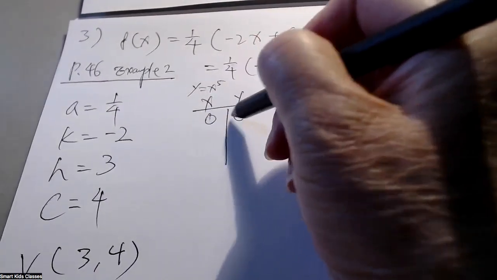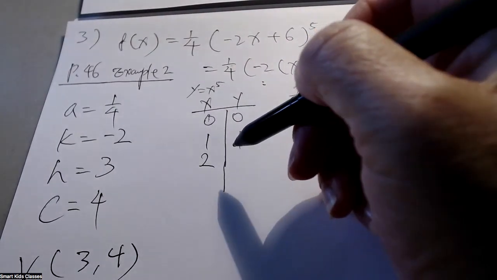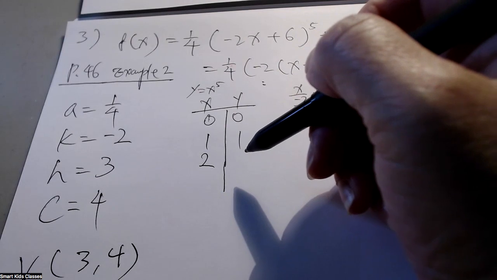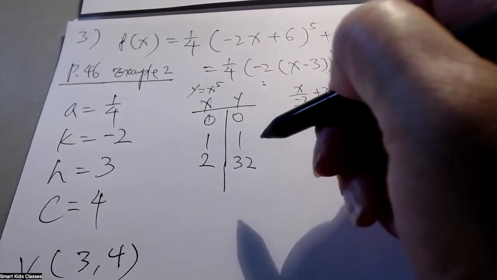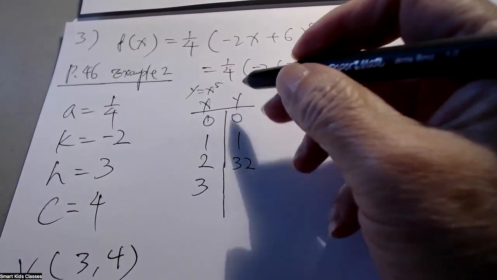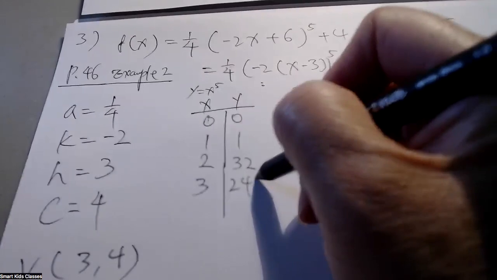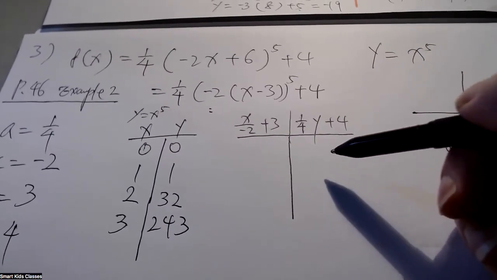So 0, 0; 1, 1; 2: when x is 2, 2 exponent 5 is 32. How about 3? 3 exponent 5 will be 243. Now we apply it to the transformation points.